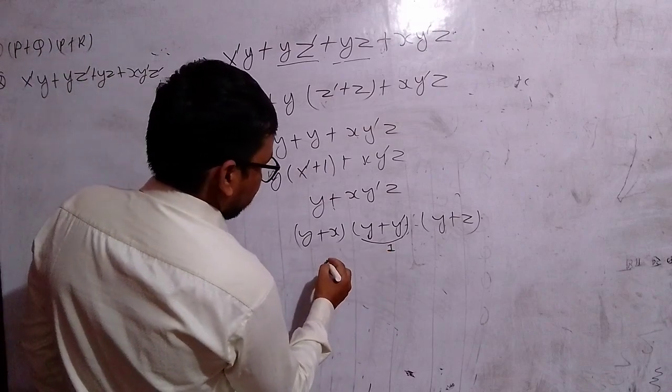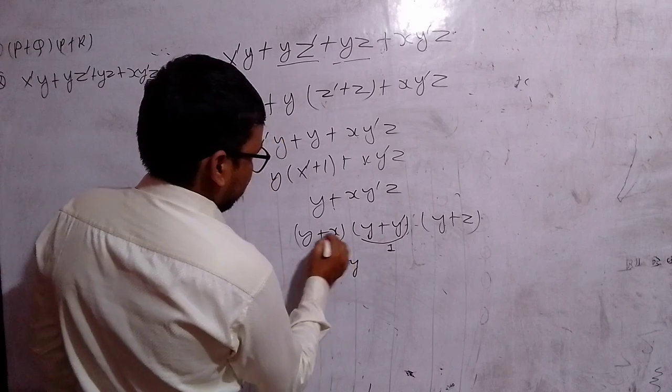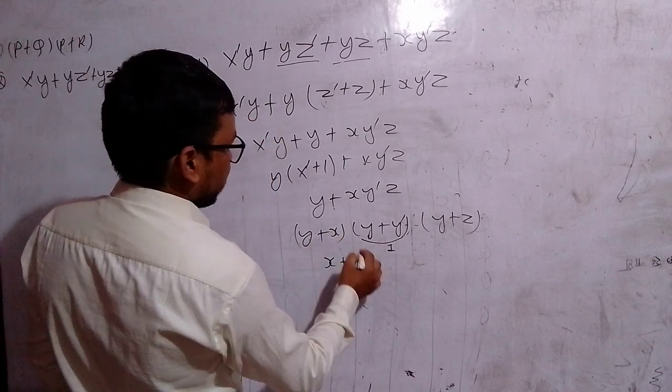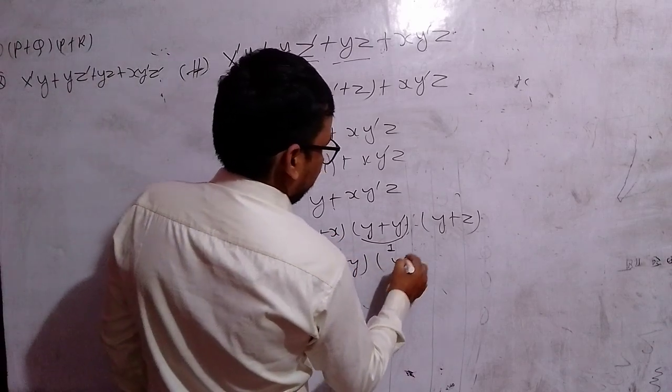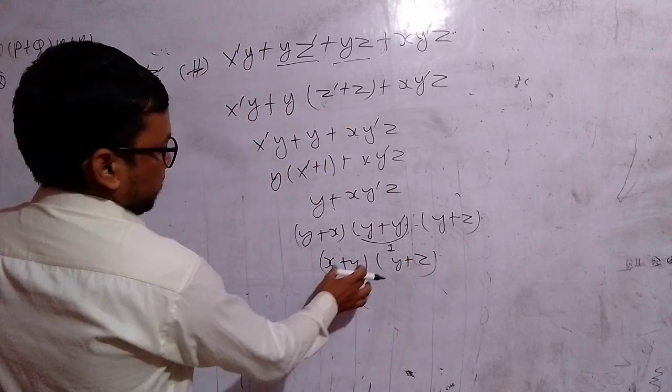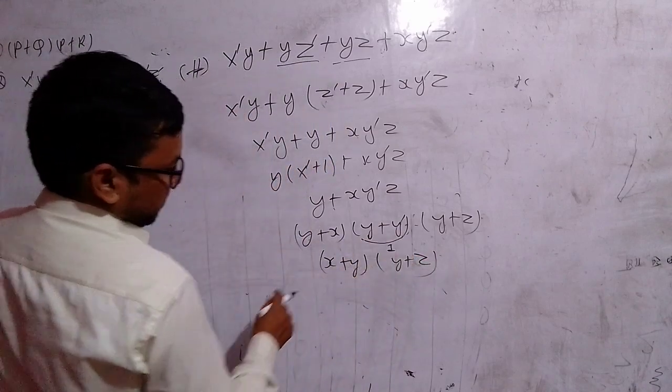Now we can write X plus Y, changing the order by the commutative law, and Y plus Z. This gives 1.